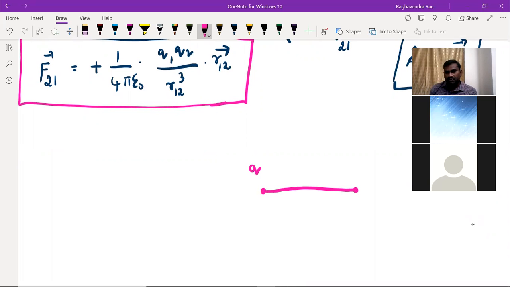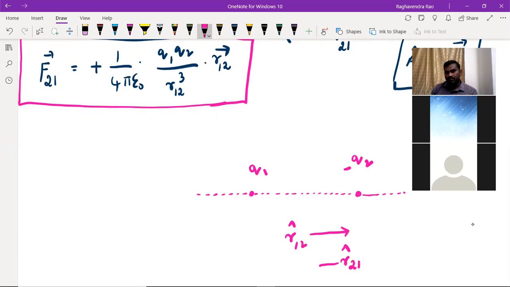This is Q1 and this is minus Q2. R12 cap is like this, R21 cap like this. Now this is the force on 2 due to 1, and this is the force on 1 due to 2.